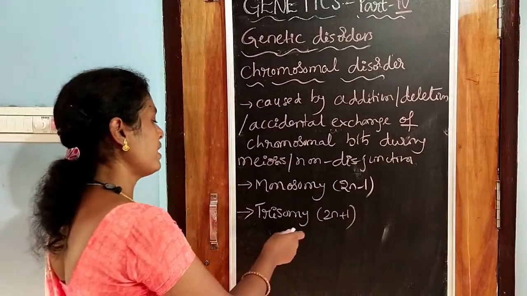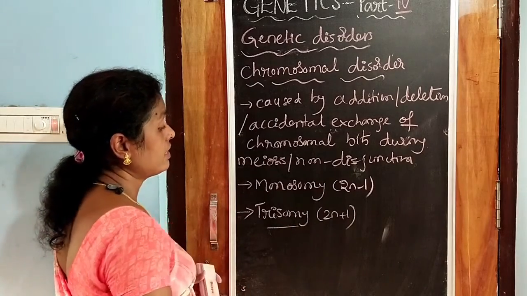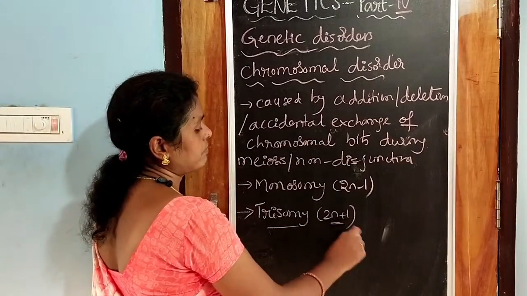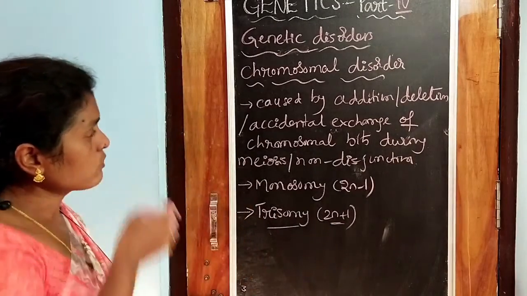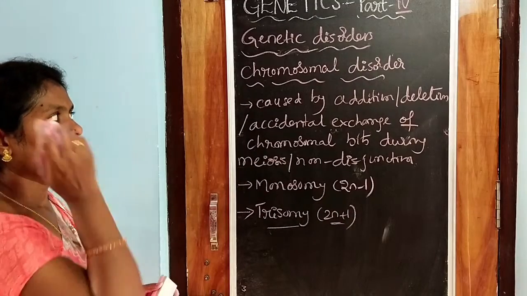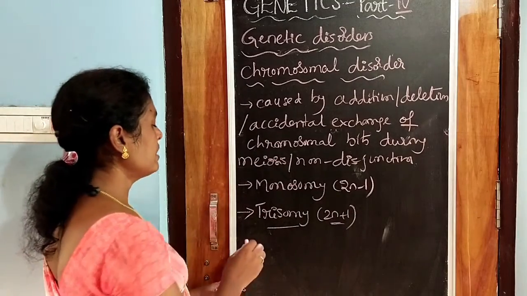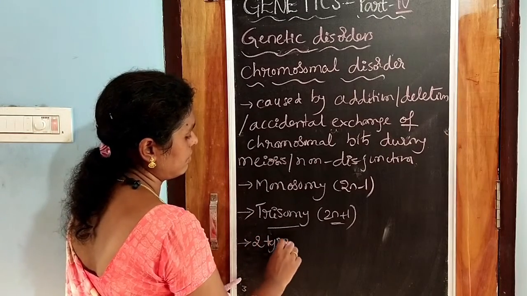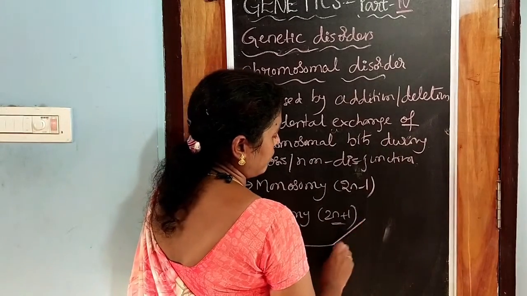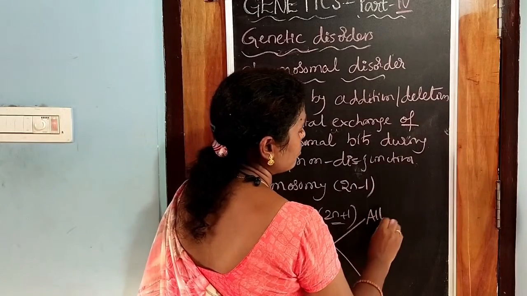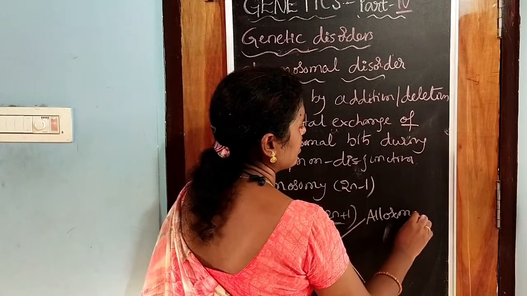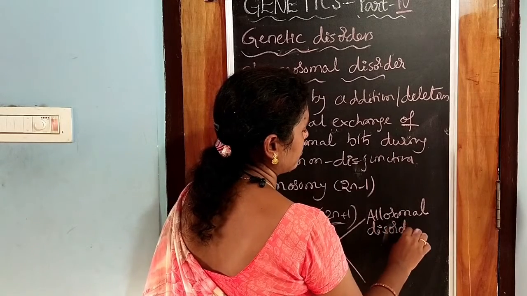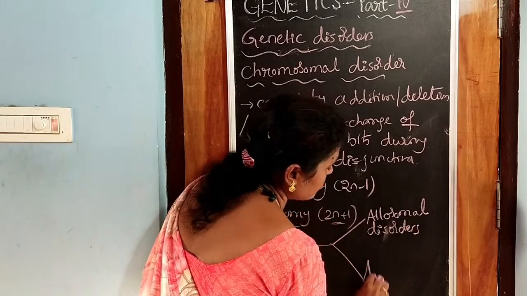When a chromosome is added to a pair, the condition is called trisomy, represented by 2n plus 1. These chromosomal disorders are again of two types: autosomal disorders and allosomal disorders.